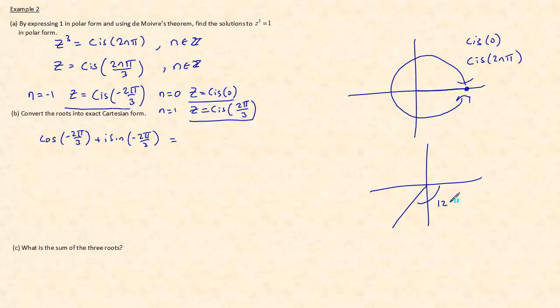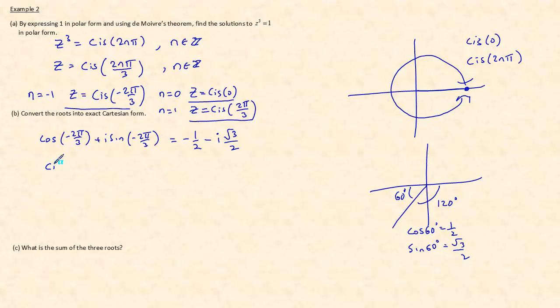It's actually -120 degrees. So this is 60 degrees, and we know that cos 60 is a half, and sine 60 is √3/2. Then think about where it is. So that's actually going to be -1/2, take away i √3/2.